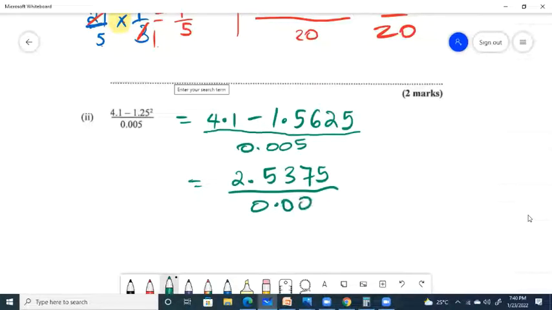If you're going to put it in one go, you have to put a bracket around this before you insert the division. Your calculator will operate the order of operations if you just line it out here. So in order not to make that error, please get one answer for the top first. Then you just divide it by the answer at the bottom and you're good. That's just a safety precaution.